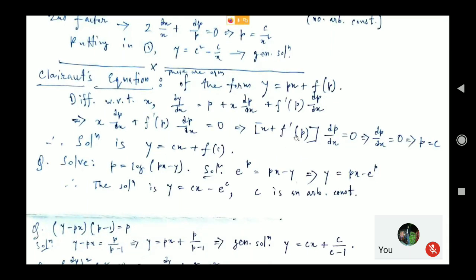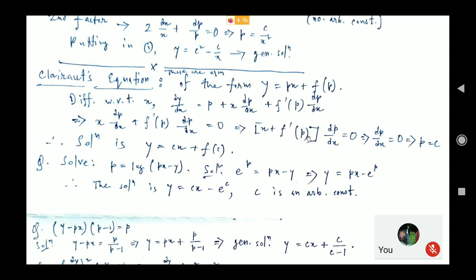F dash p should be equal to what, so that this expression becomes 0? F dash p should be equal to minus x. If f dash p equals minus x, then only this expression becomes 0. But can it become minus x?